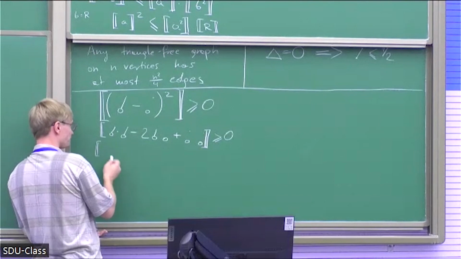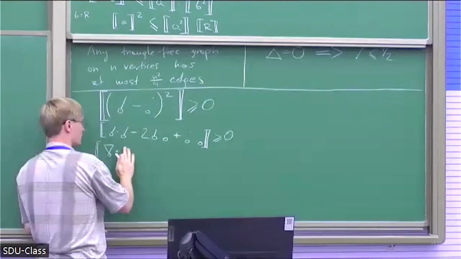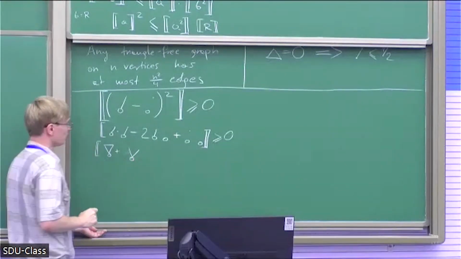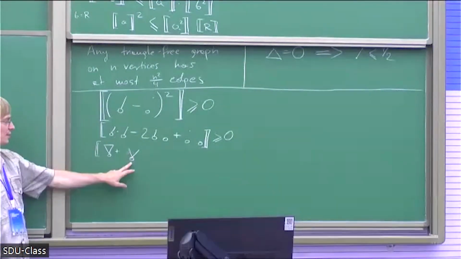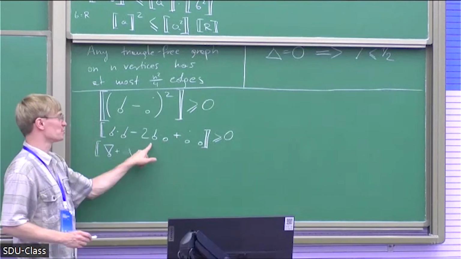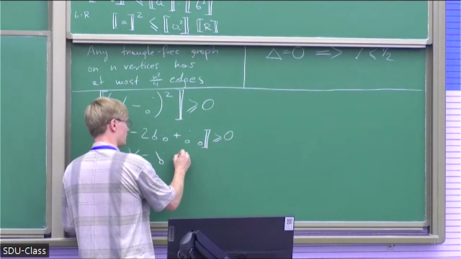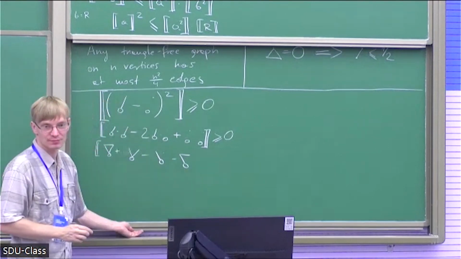So this is a triangle plus a cherry rooted on the central vertex. Okay, if I multiply those two, I get this and this graph.